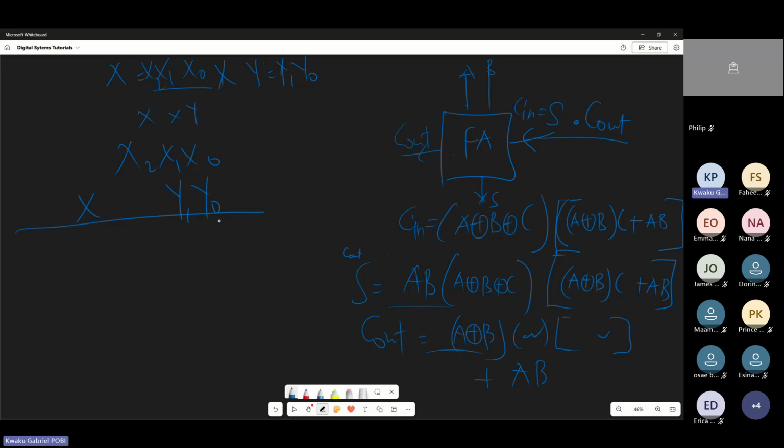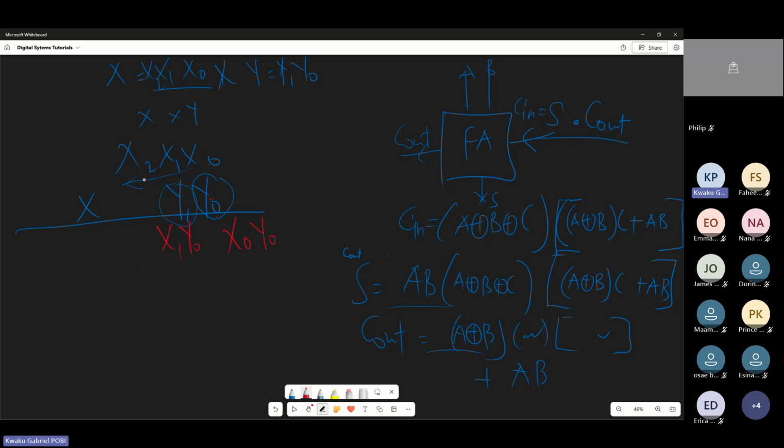Now, when you do your first multiplication, this guy should multiply all these 3. And then your second multiplication will be this guy multiplying all the 3. So the first one, you get Y0 times X0. So X0 Y0, you leave it there. Then the second will be Y0 X1. So X1 Y0.